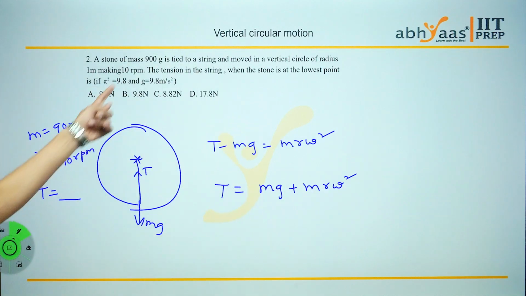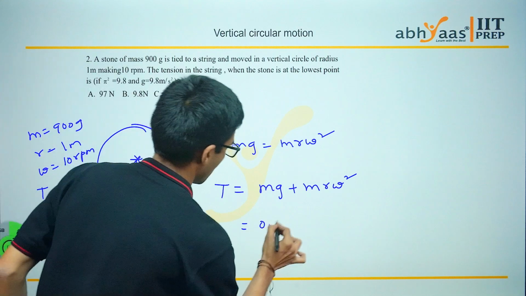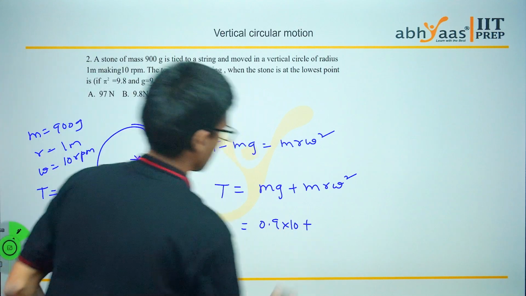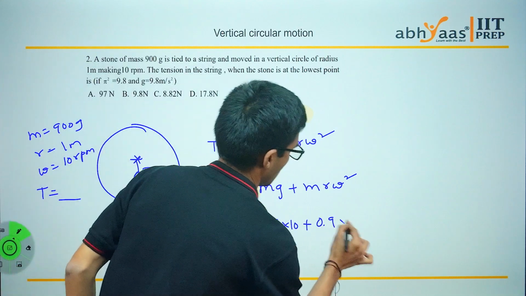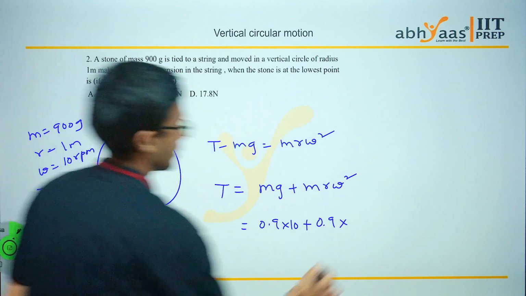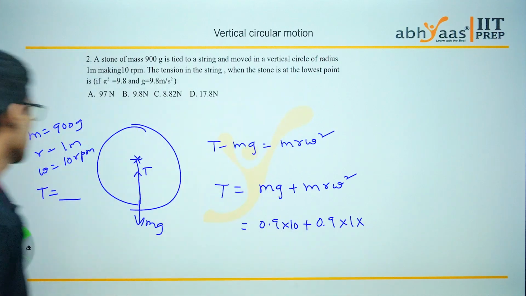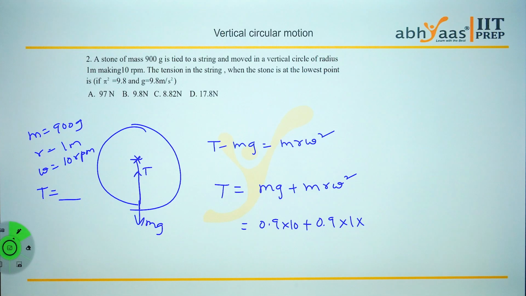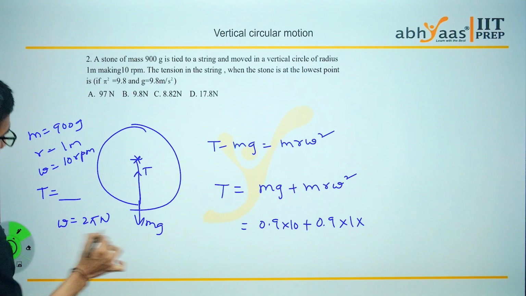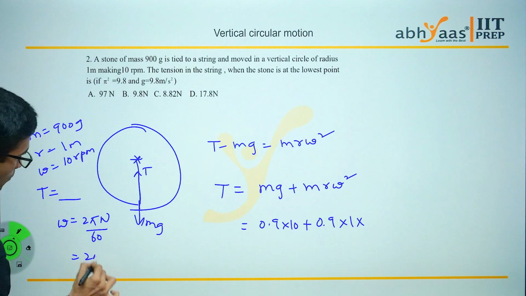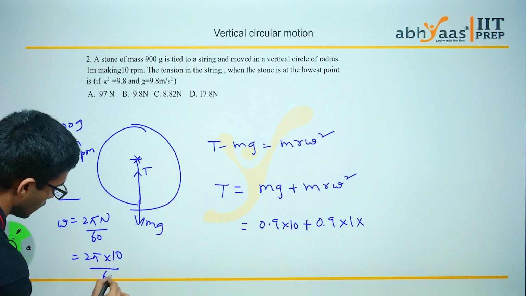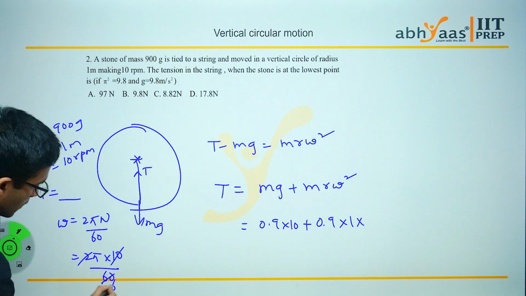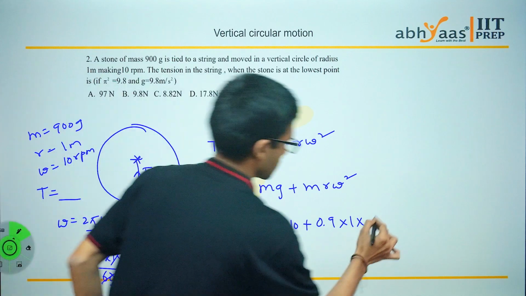So mg is 900 grams, means 0.9 into 10, plus 0.9 into r, which is 1 meter. Omega equals 10 revolutions per minute, so omega equals 2 pi n by 60, that is 2 pi into 10 by 60, which is pi by 3.